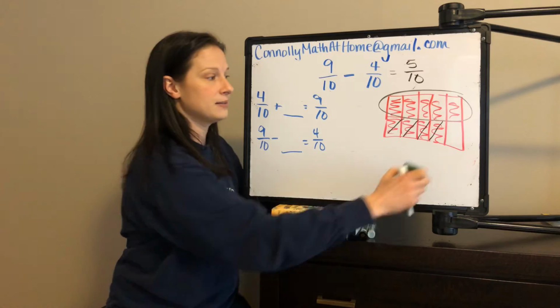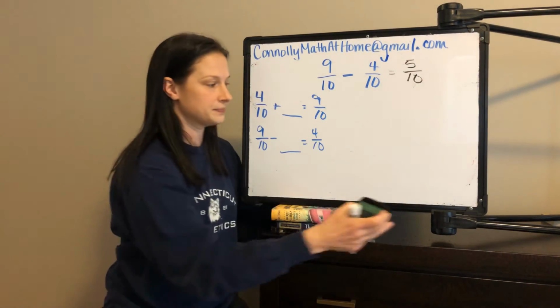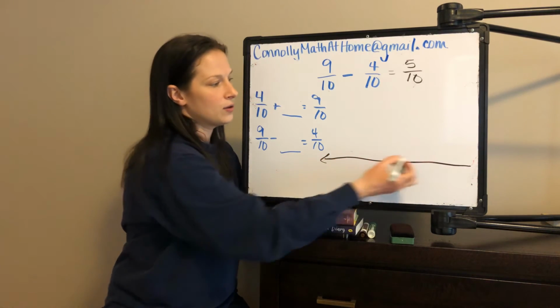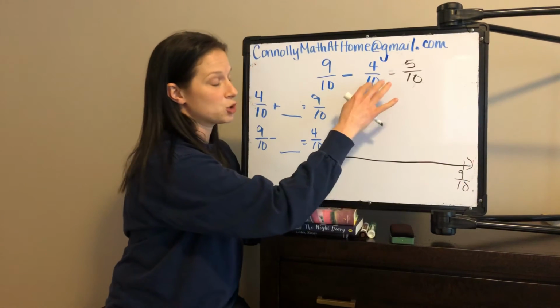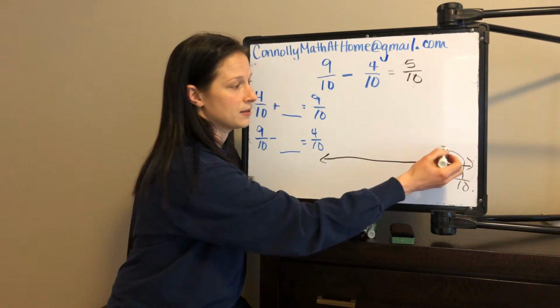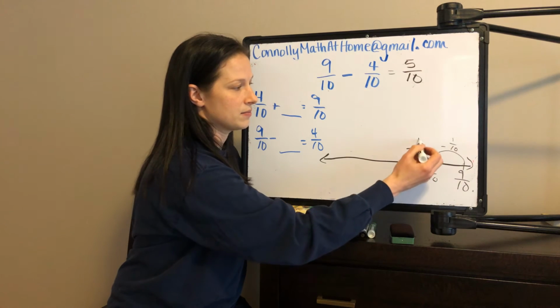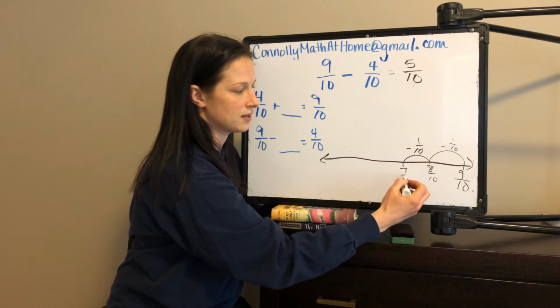Okay? Then we have the number line where you might start with 9/10 and you might subtract 4/10. Minus 1/10 is 8/10. That's my second tenth I'm subtracting, 1/10, 2/10.